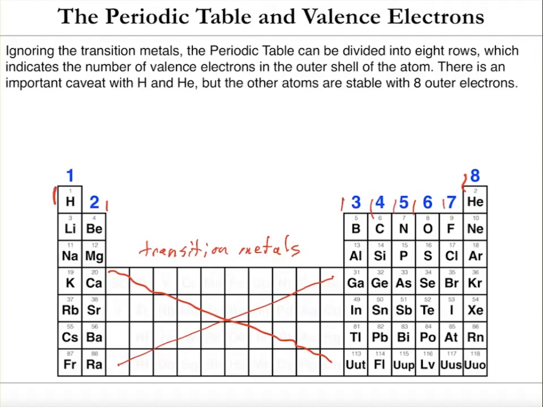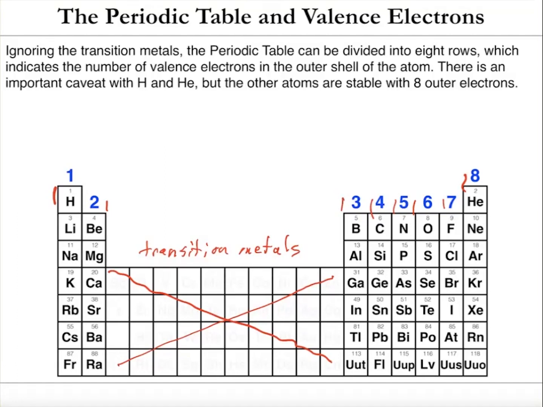Now, this is very, very important and it tells us how these atoms are going to interact to form molecules. Why this is important is because with the caveat of hydrogen and helium, all the other atoms are stable with 8 outer electrons. We'll talk about more of this in a minute, but basically these atoms have electrons in the outer shell around the nucleus, and atoms are going to be stable when they have 8 electrons in that outer shell.